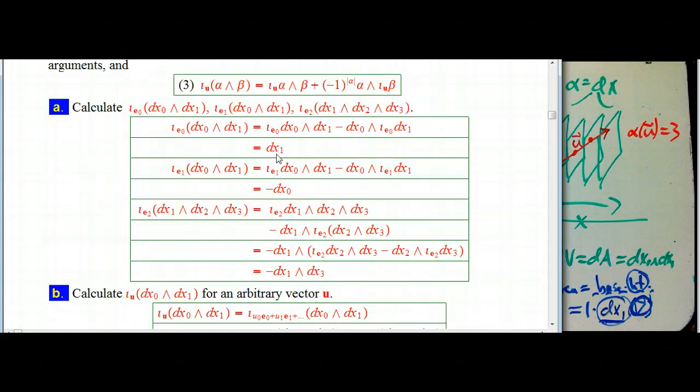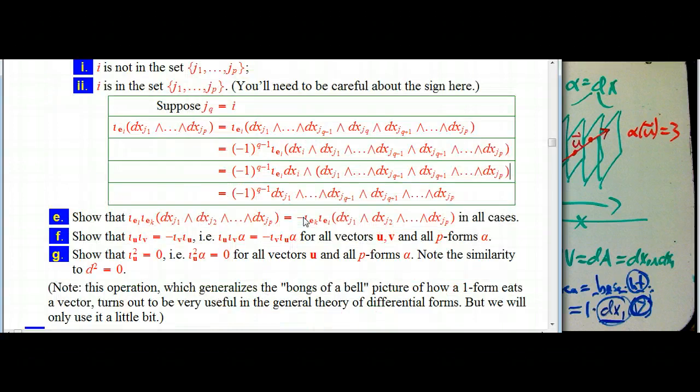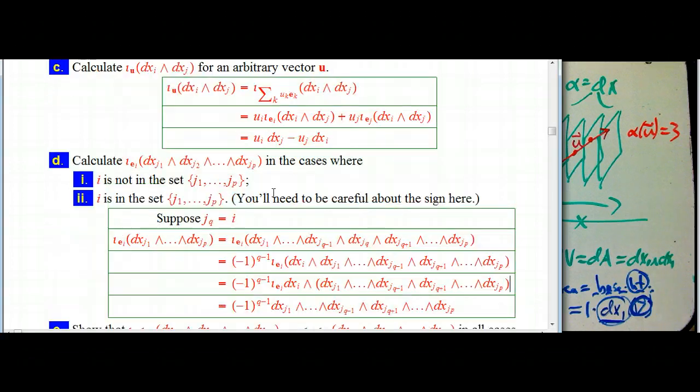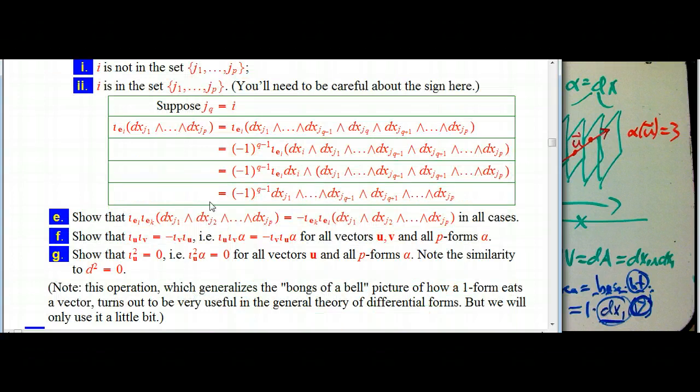That's exactly what we were seeing up in these examples, that like here the dx2 died, we left the rest of them, and it was just a minus sign or a plus sign depending on exactly how many switches there were. So that makes it official. It's plus or minus the rest of the dx's that weren't matching, and the minus is how many switches you would have to do to get this vector into the position that it matches with the dx's.